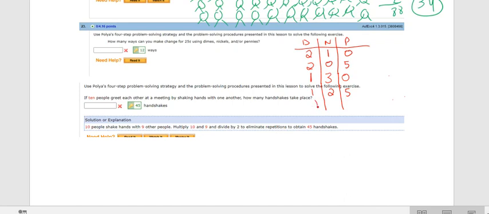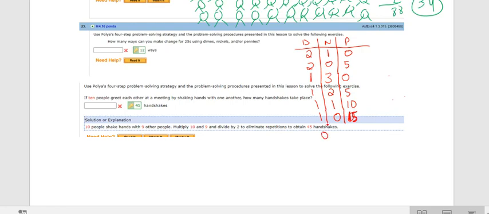Or I can have one dime, 1 nickel, so that's 10, 15, and I would need 10 pennies. Or I could have 1 dime, 0 nickels, and I would need 15 pennies.